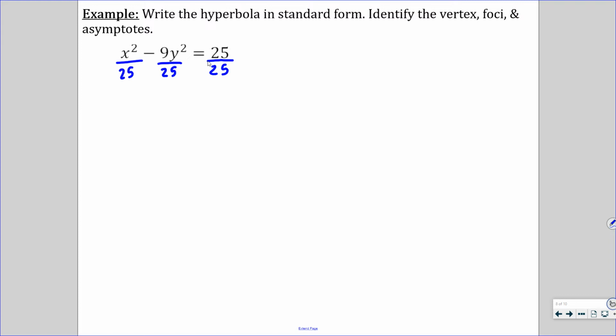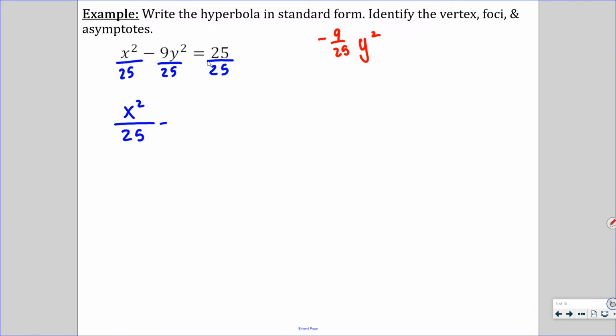Why not just minus 25? Because it has to be set equal to 1. Now, let's go over the math here. 9 doesn't divide by 25 evenly. Right now I have 9 25ths times y squared.